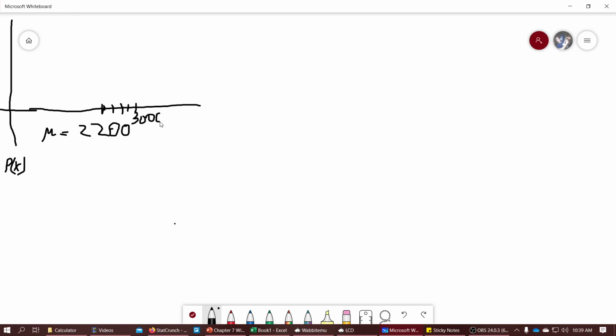You can see my lines there of our 200 increments. 1, 2, 3. So this would be 2000, 1800, 1600, 1400, 1200, 1000. The reason I'm doing that is because we know if it's normally distributed, about plus and minus 3 standard deviations will be about the extent of the tails of our distribution.